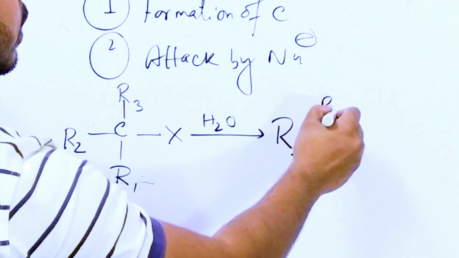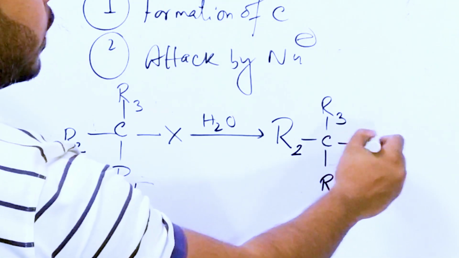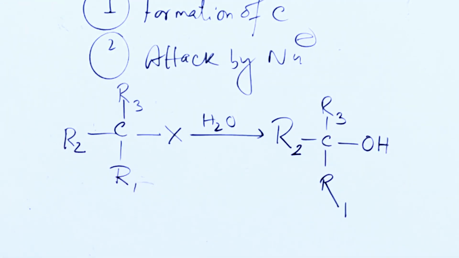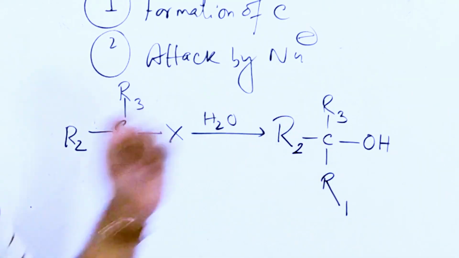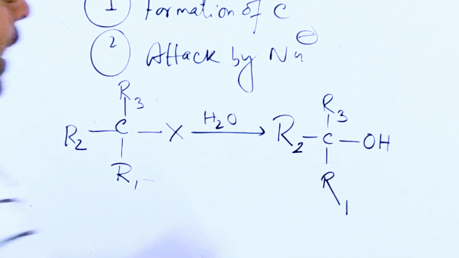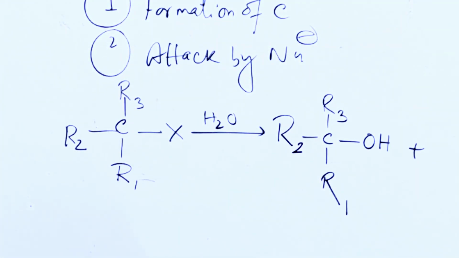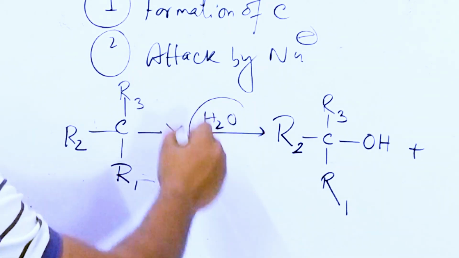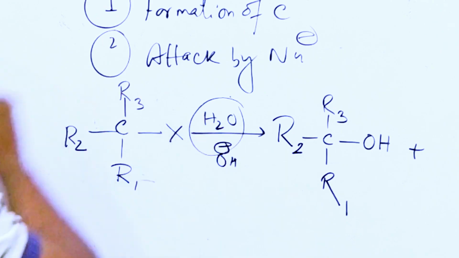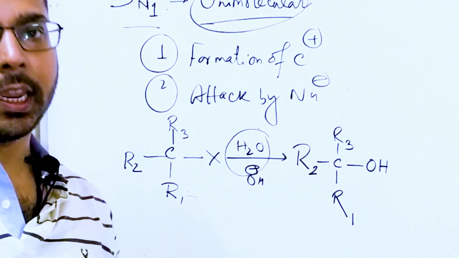It will give you OH instead of this X. And HX will be eliminated. Okay, so if a basic medium is there, dilute form OH minus is there, then it will give you OH like that.